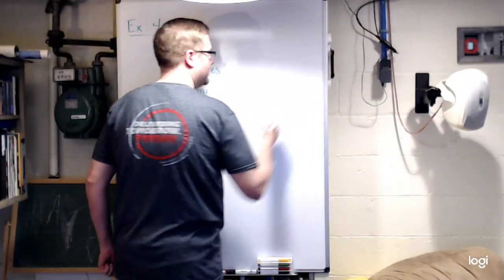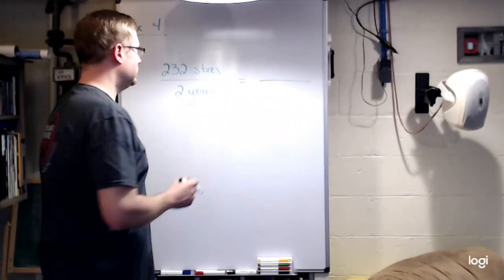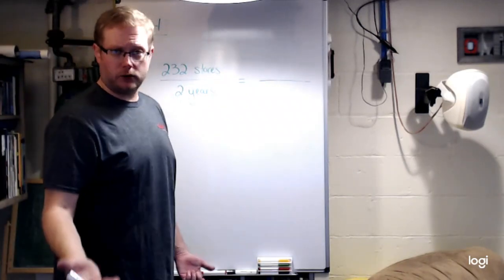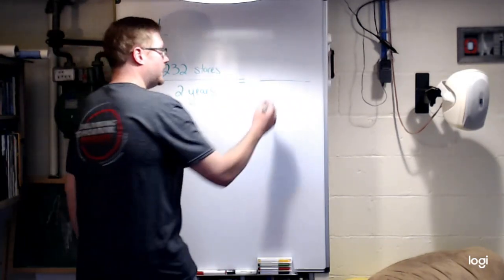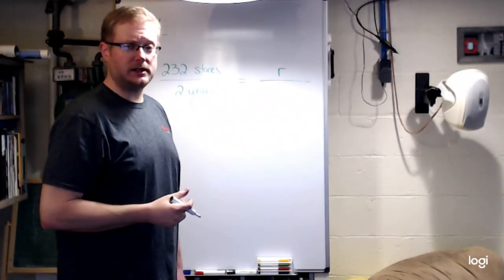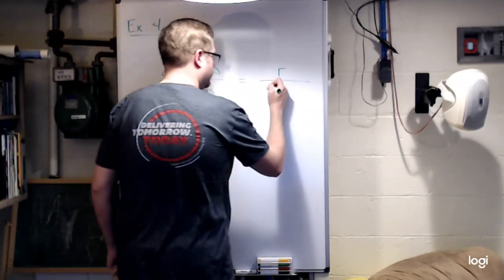It's asking, how many stores will the retailer open in the next 3 years? So our unknown is the amount of stores over the next 3 years. So that's going to go up here. R will represent the amount of retail stores over the next 3 years.